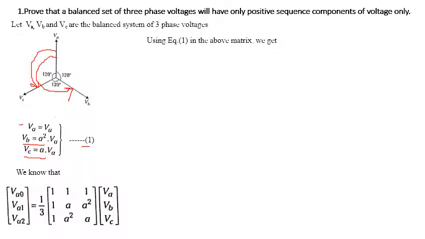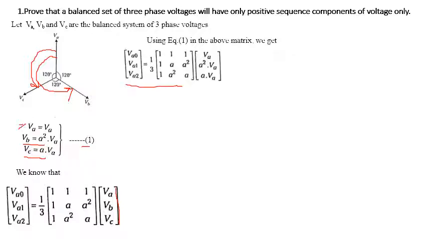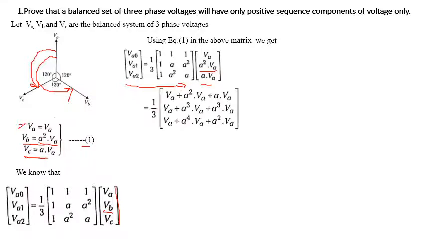The matrix equation can be written by expressing Va, Vb, Vc in terms of Va. The rest of the matrix remains the same; there is no change here. Va is the same as Va. Vb is a square Va, and Vc is a times Va.